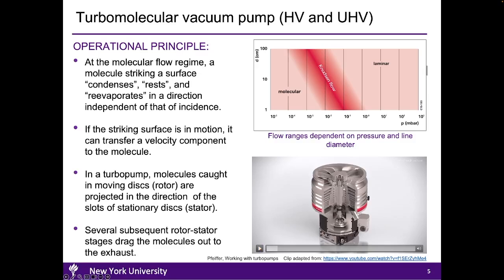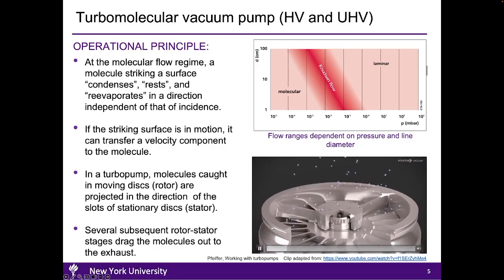Looking inside, there are two types of discs that are stacked alternately on top of each other. One set of discs are rotating and spinning in place around the shaft. These discs are referred to as rotors. The other set of discs are stationary and are known as stators.